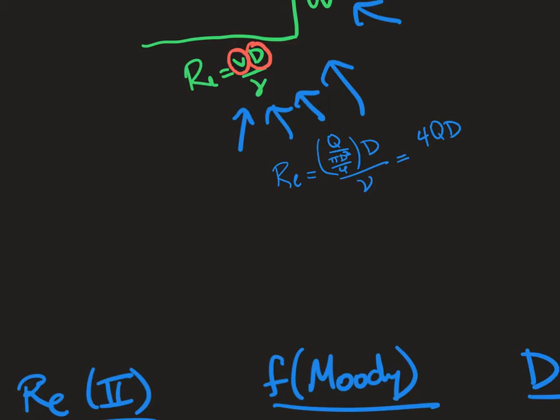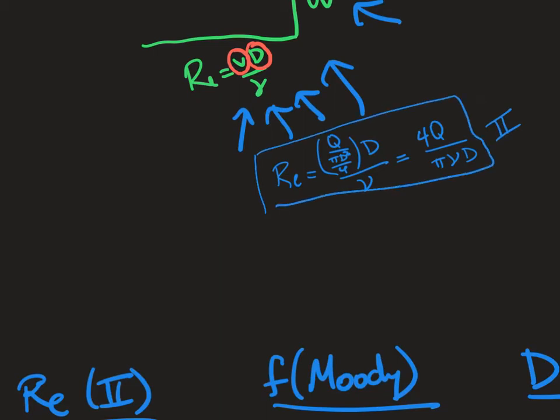It's nice when we have pipes, because things tend to repeat for us. With a slight fix there, I had the D in the wrong place. So this is equation 2. Cool.